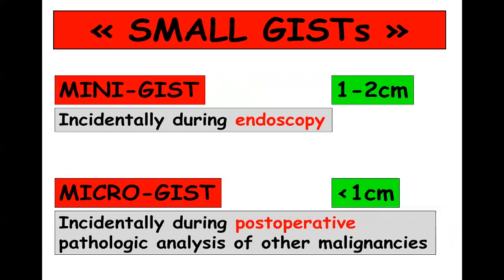Differences between traditional GIST and small GIST are a very low rate of proliferation and a different spectrum of mutation, with excess of wild type, lower KIT exon 11 mutation, or new mutation.